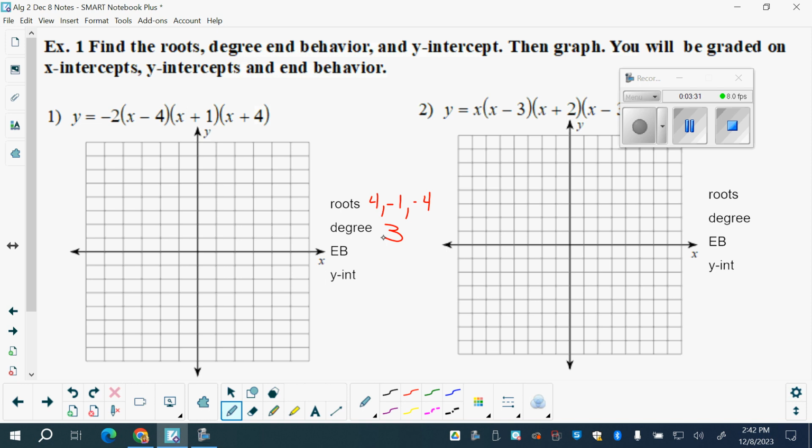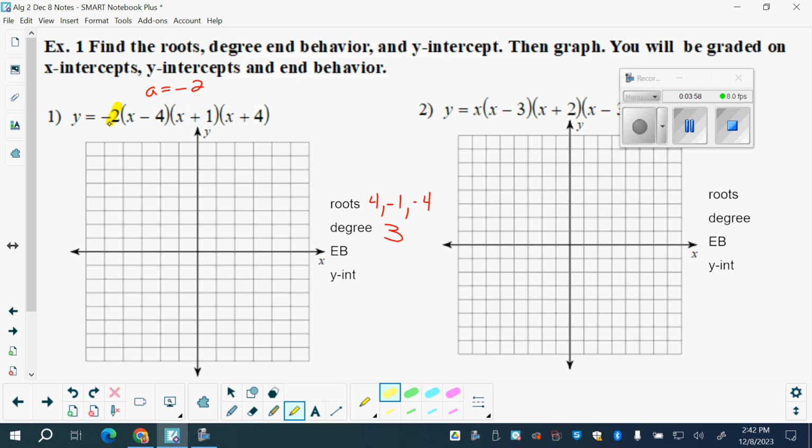So what is my A? My A is what on this one? -2. So your A is that leading coefficient, so it would be the -2 there. So my A is negative. Is my degree even or odd? Odd. So odd degree, A is negative.